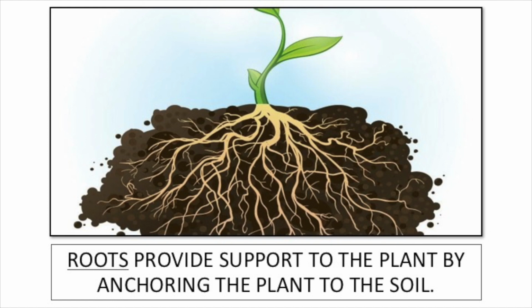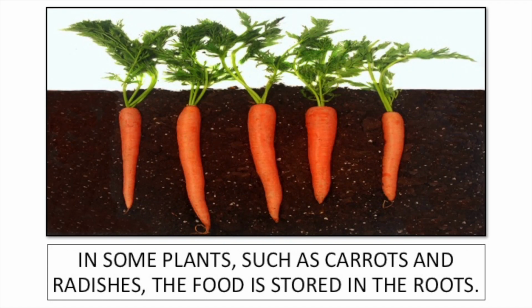The roots of the plant are underground in the soil. So the roots are the part of the plant that we cannot see because the roots anchor the plant into the soil. In some plants, such as carrots and radishes, the food is stored in the roots.